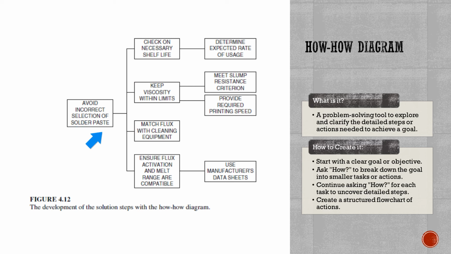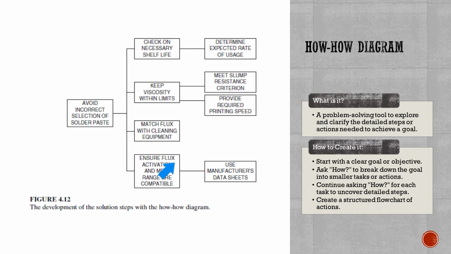So if you want to dig deeper into that solution, we can ask how to check unnecessary shelf life. So we use the how diagram here. We ask how to check unnecessary shelf life, and we can get the answer maybe to determine the expected rate of usage.